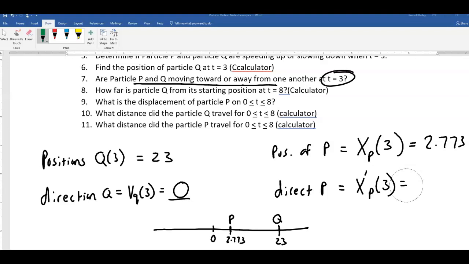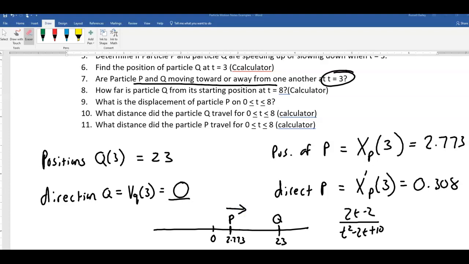Now, you could either use the one that we've already found earlier. Actually, it was a 2. You could use that, or you can just do the derivative formula using math 8, plugging the original position function in. It doesn't really matter which one you plug 3 into, but go ahead and plug 3 into that and we'll see what we get. And I'm getting 0.308. Now that's a positive number, so that means it's moving to the right. So are the particles moving toward each other or away?